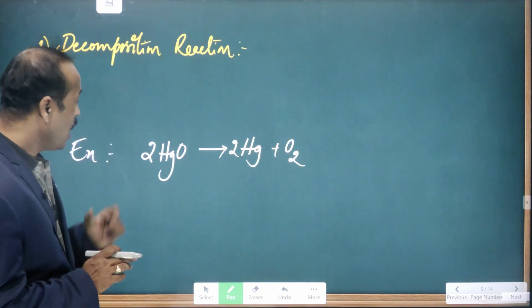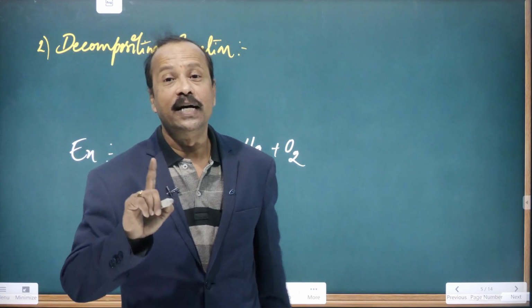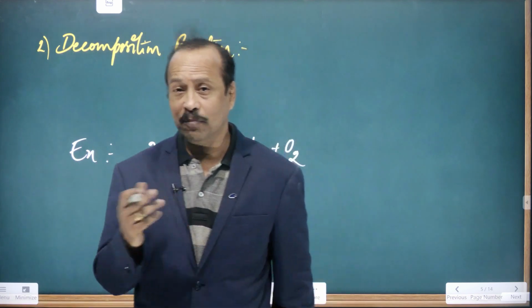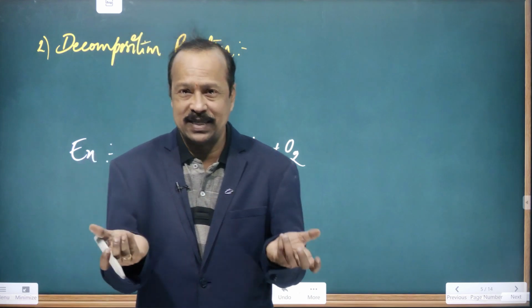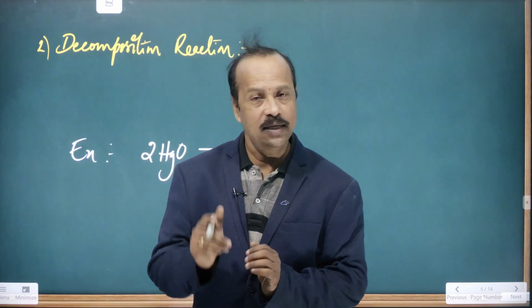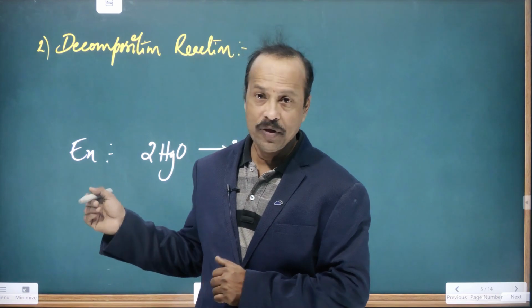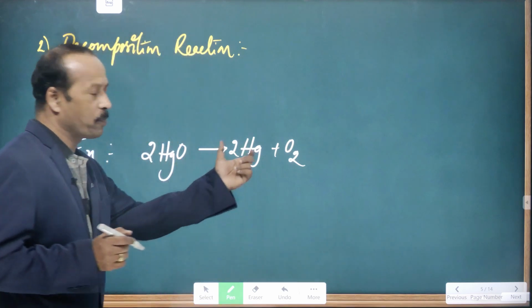Correct. So this is called a decomposition: a reaction in which a single reactant decomposes, meaning breaks or splits, into two or more products. Here also the reactant is one, but the products are two.